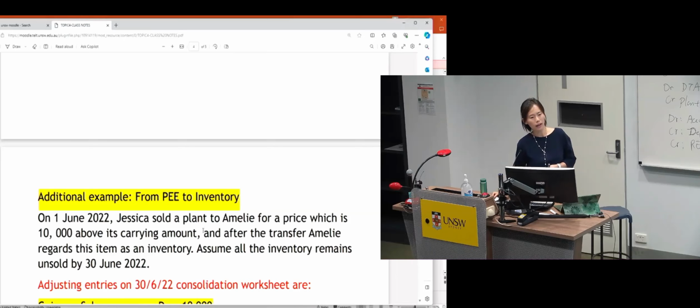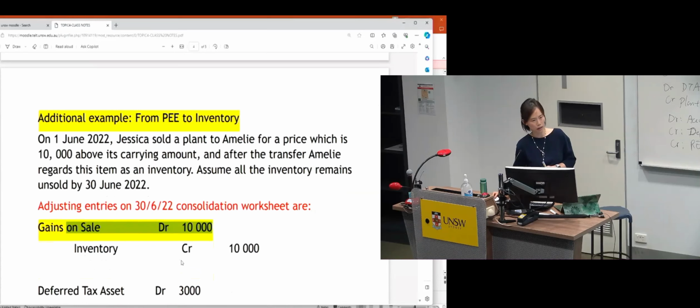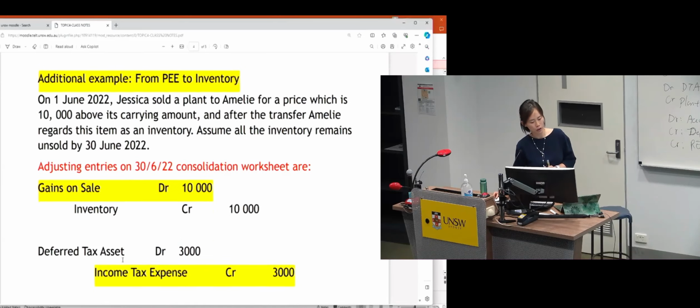If it remains unsold, well, your debit gains on sale is still the same as before, okay? But you no longer credit cost of sale for 10,000. Instead, you should adjust the carrying amount of the inventory down by 10,000. In addition to that, we have to show the tax effect entry because the unrealized gains, which are not realized from the group viewpoint, are now eliminated, right?